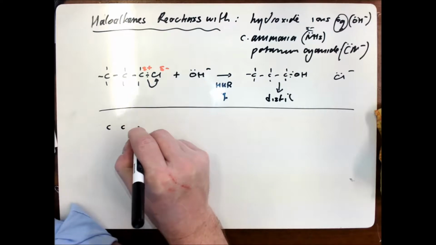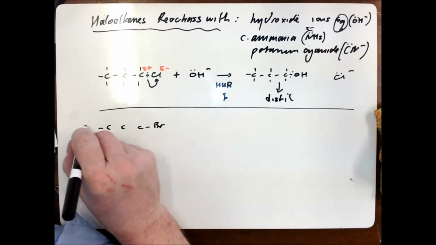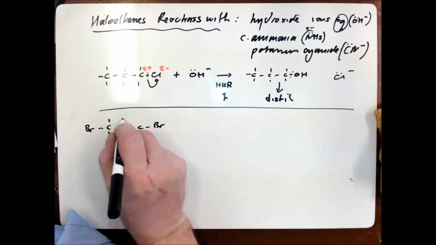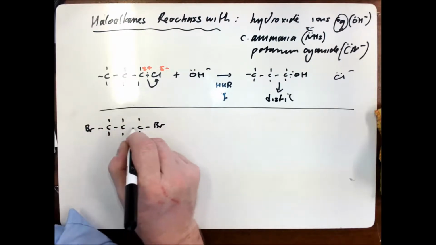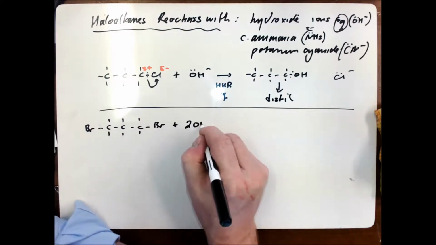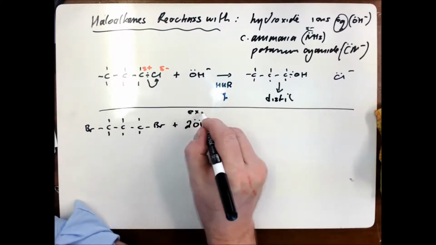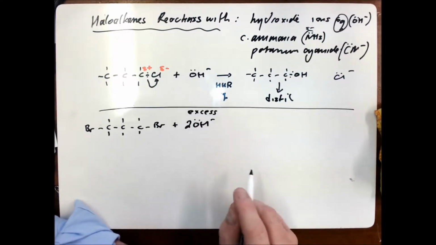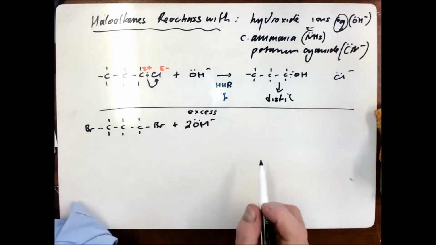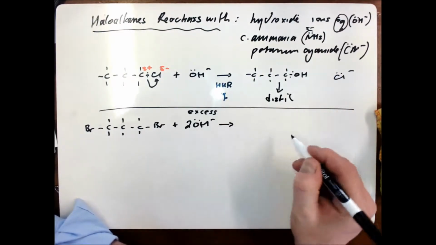We'll just look at one here where maybe we have two groups, but really all we do, guys, is exactly the same again, but we will need two OHs. The examiner will probably tell you here you've got excess potassium hydroxide or sodium hydroxide, whatever the source of hydroxide ions happen to be.